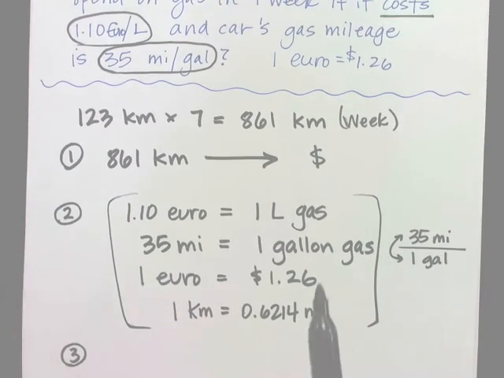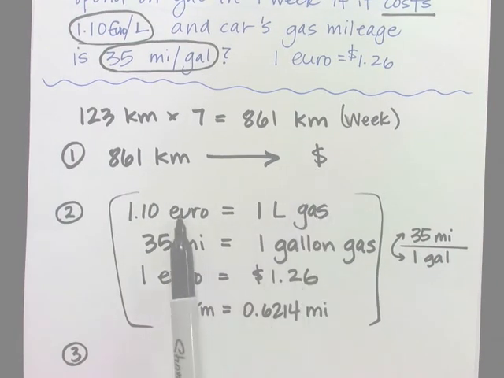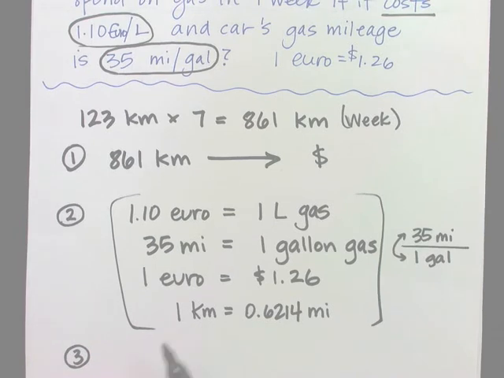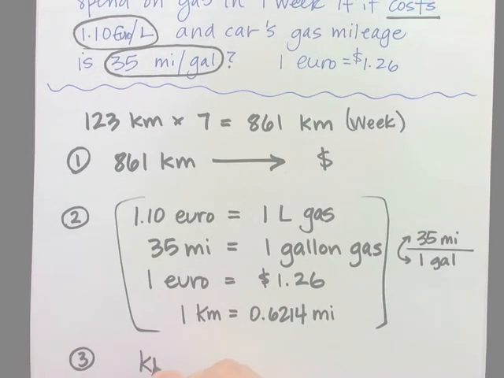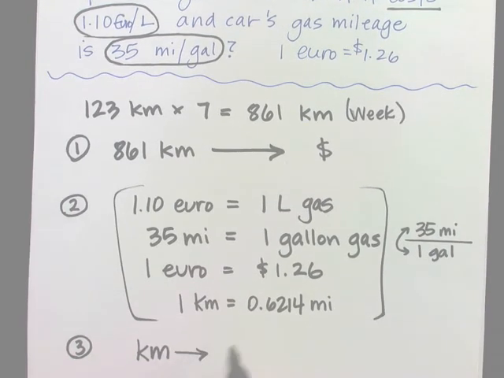So I can't convert kilometers directly to dollars, because if you look in all of these relationships, none of them relate kilometers to dollars. Instead, here's where we develop our plan. I have a relationship between kilometers and miles, and then I have a relationship miles to gallons.